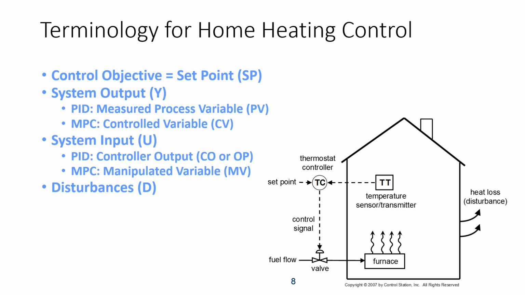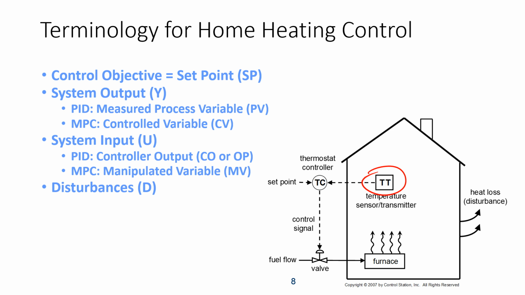Okay, so let's go on to terminology for process control, and we're going to use just an introductory example. In this case, we have temperature control within a home that probably many of you are familiar with. So we have a thermostat in our home, a temperature transmitter or sensor that tells us what the temperature is at any given time.